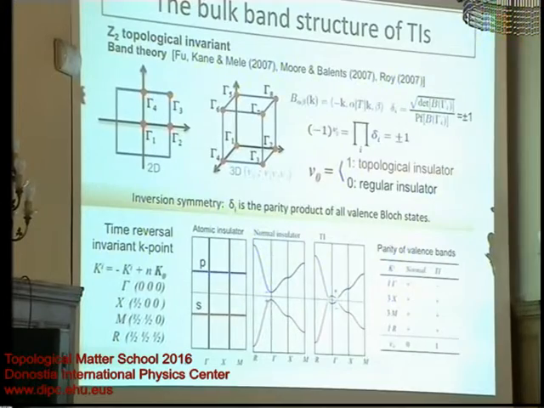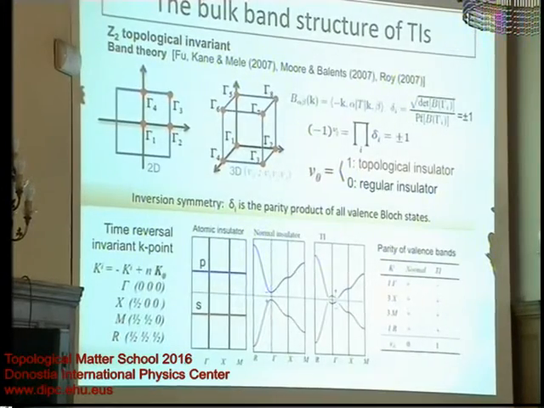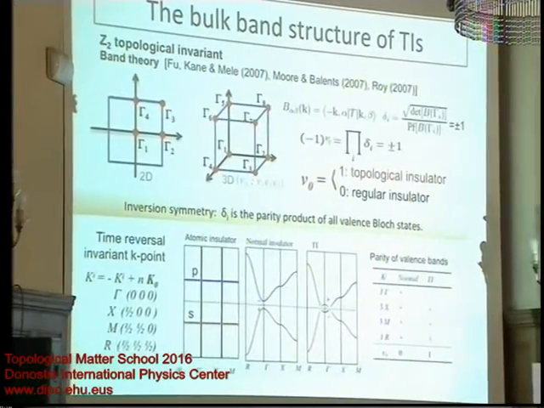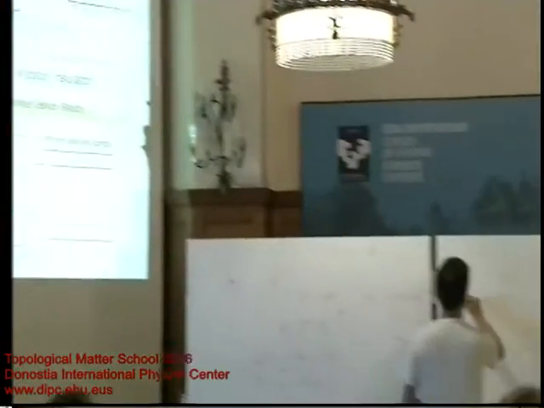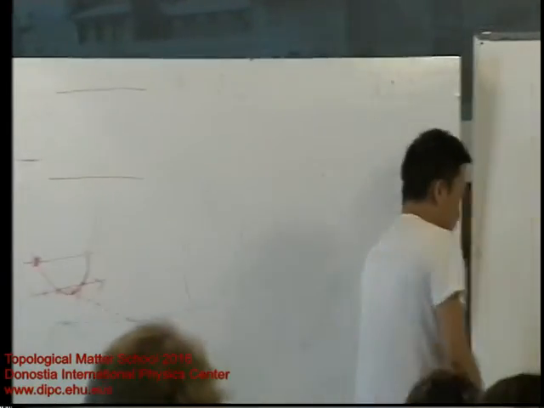Okay, ready? There, this band structure. Then you make the cross. Then the consequence would be, let's see. The atom case, all the bands flat everywhere. I better change the color.